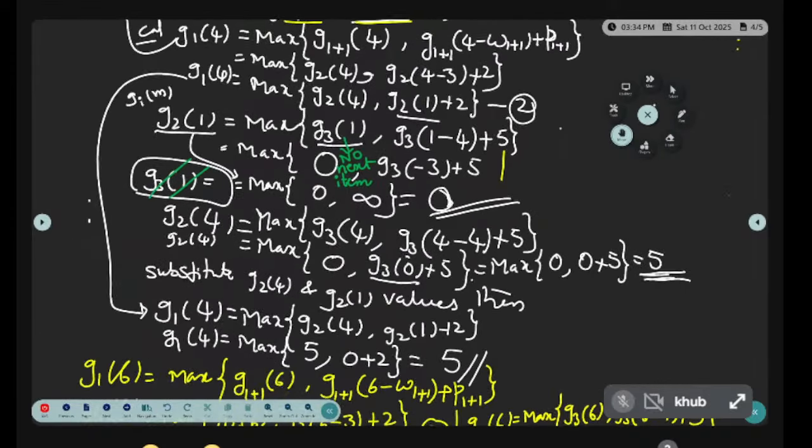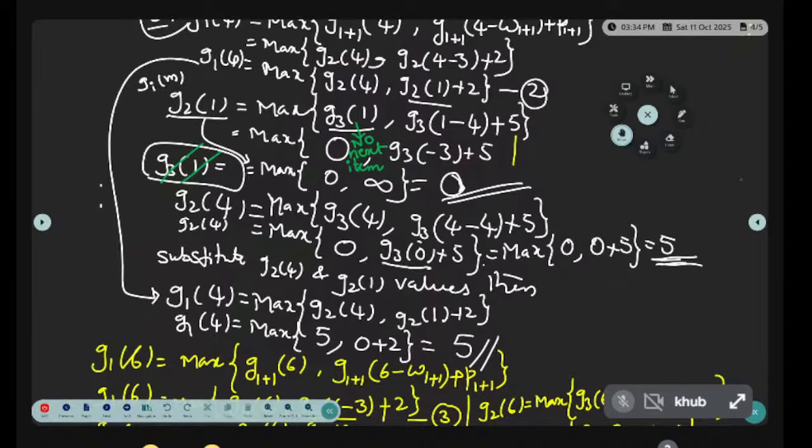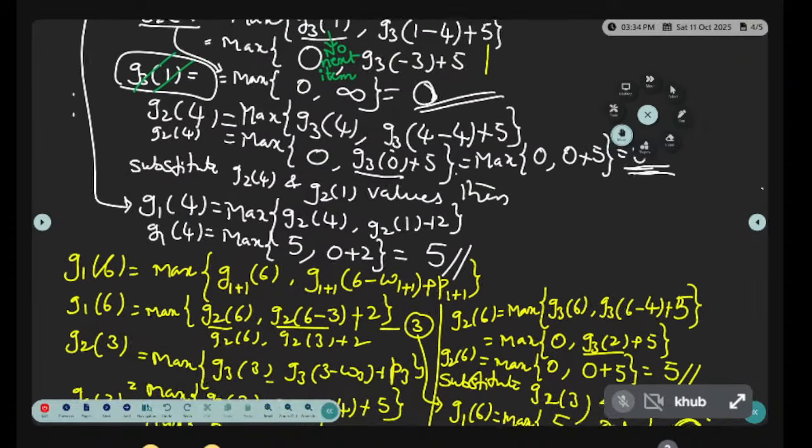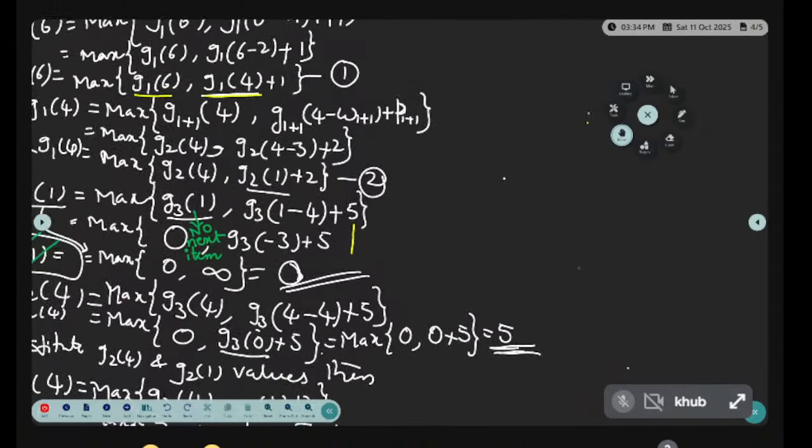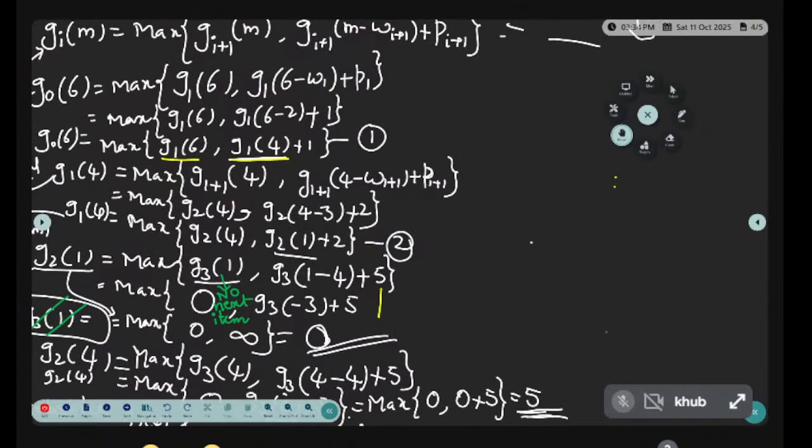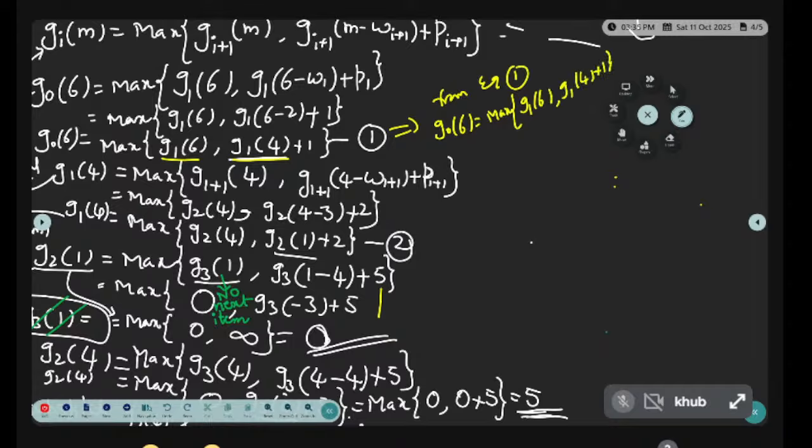What is G1 of 4? It is 5. Right here. From equation 1, G0 of 6 is equals to maximum of G1 of 6 comma G1 of 4 plus 1.